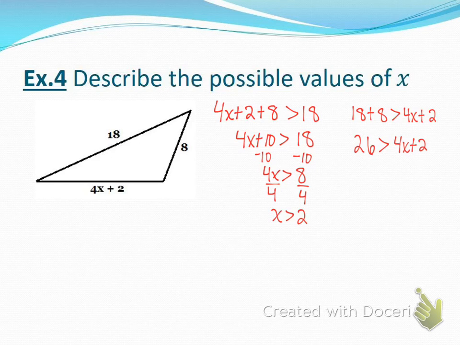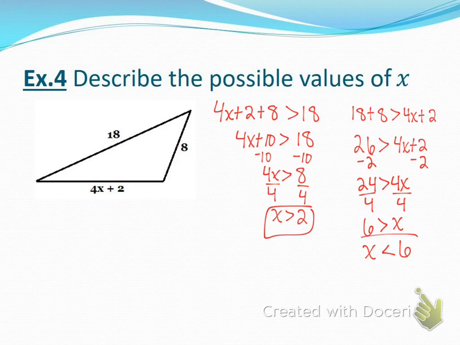Then we would need to do what? Subtract. 24 is greater than 4x. Last step. Divide. 6 is greater than x, or you could rewrite it: x is less than 6. And again, if you really want to smush them together, you could do that. 2 is less than x is less than 6.